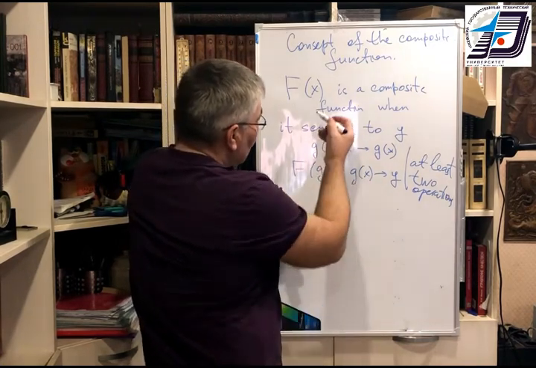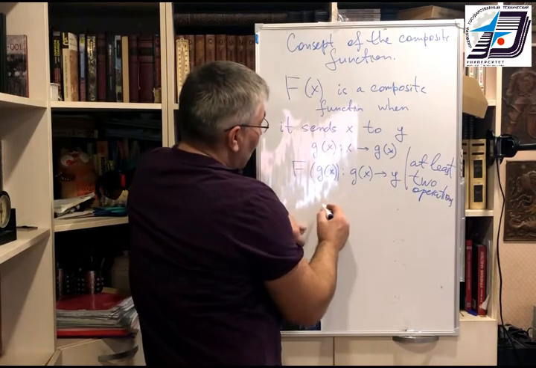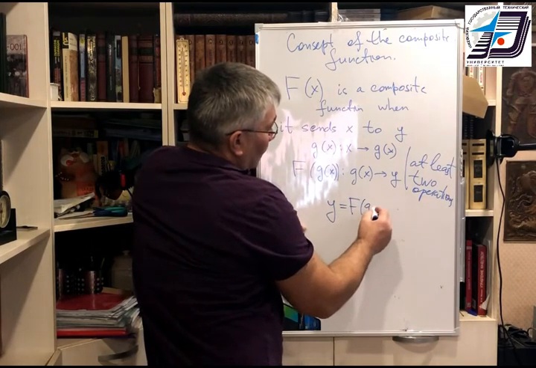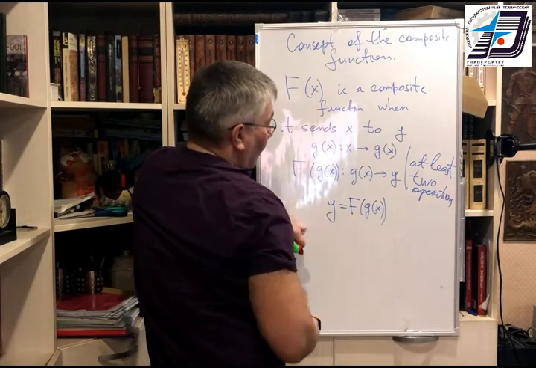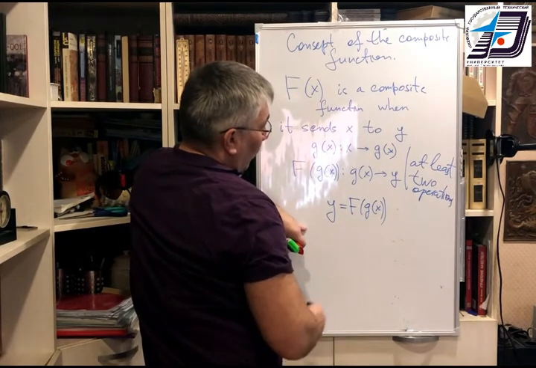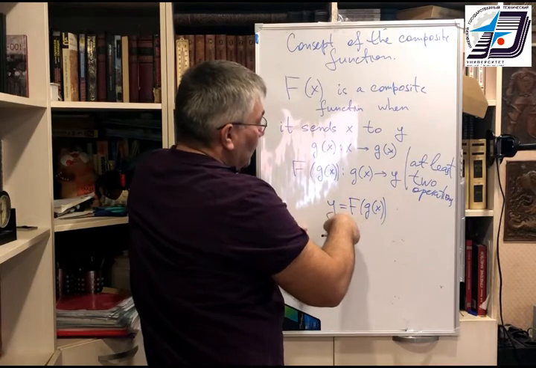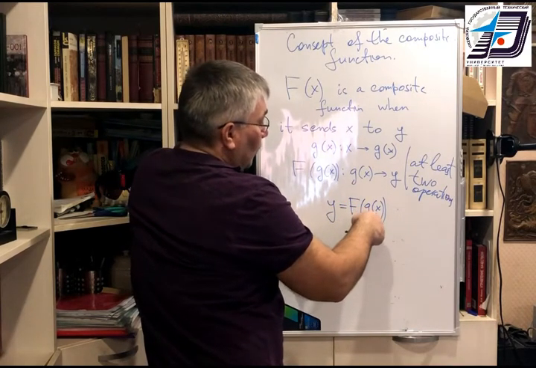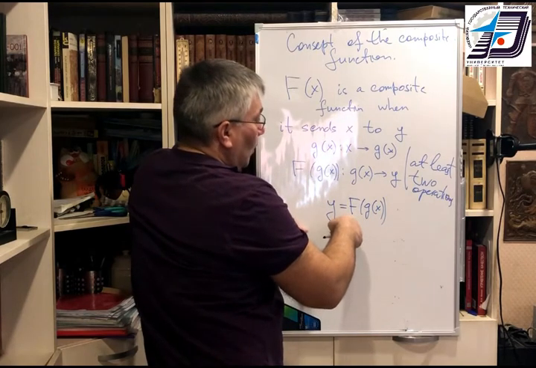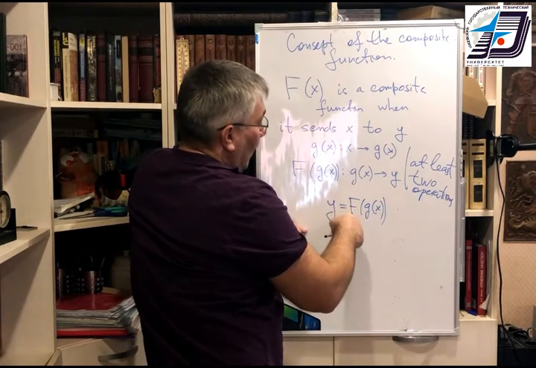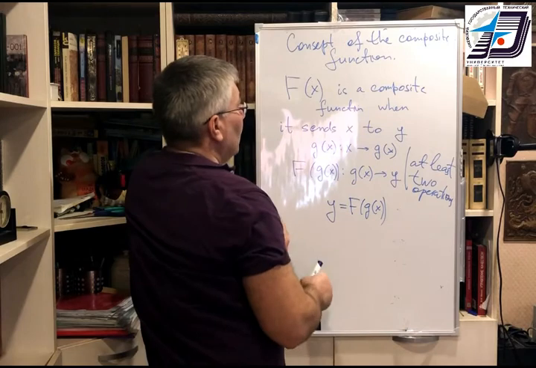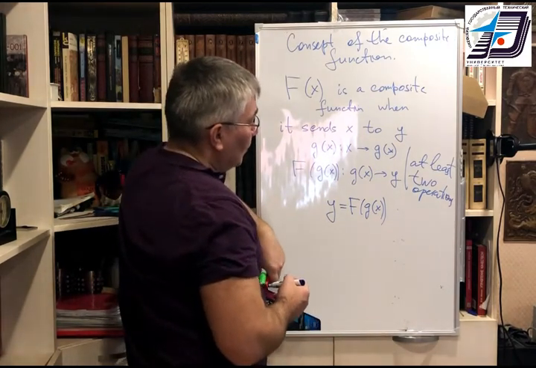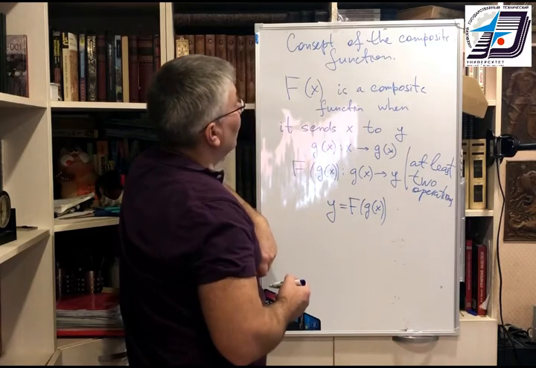And usually we denote a composite function like y equals f of g of x. That means that firstly we have to calculate g of x and then use the operation f. So this is the easiest, basic definition of the composite function.